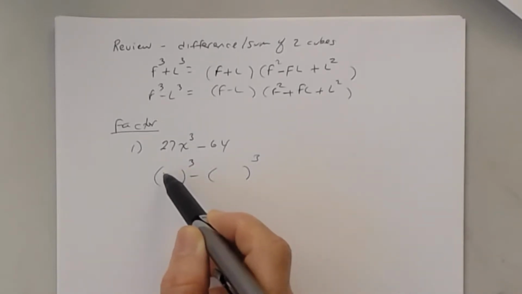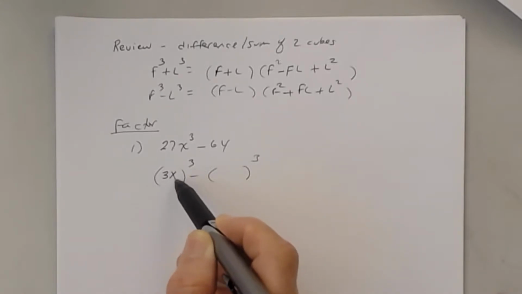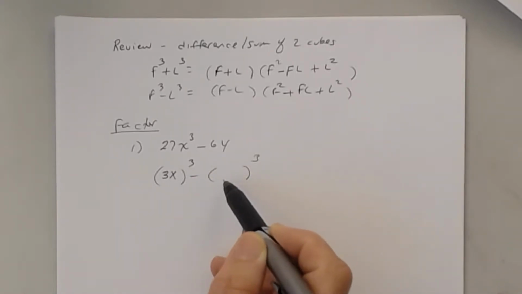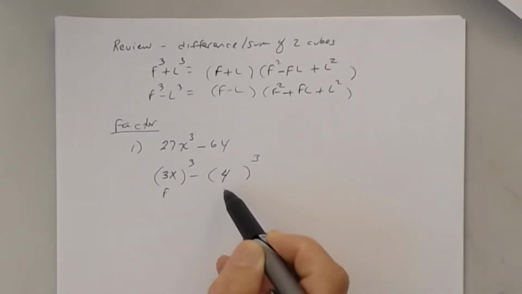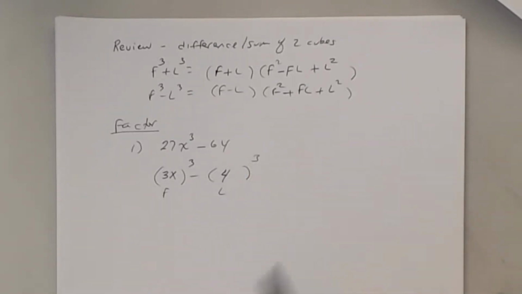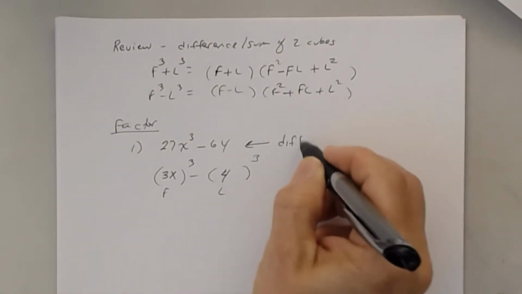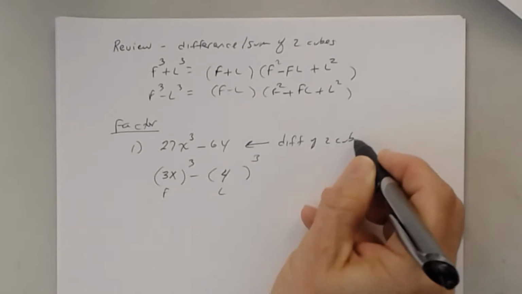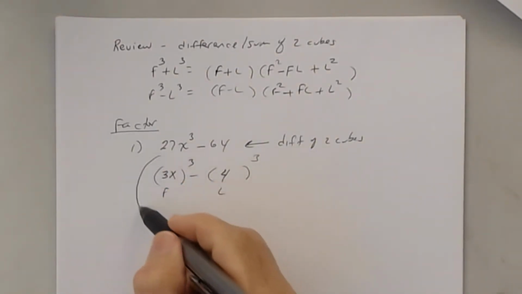Yeah, so what times itself 3 times is 27x cubed? 3x. What times itself 3 times is 64? 4. So here's my F, here's my L. So is this right here the difference of 2 cubes? Yes. So then I just use my formula.